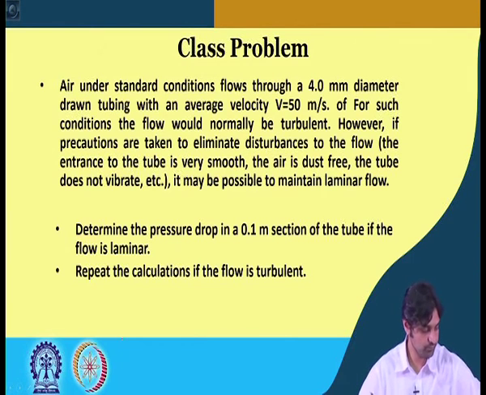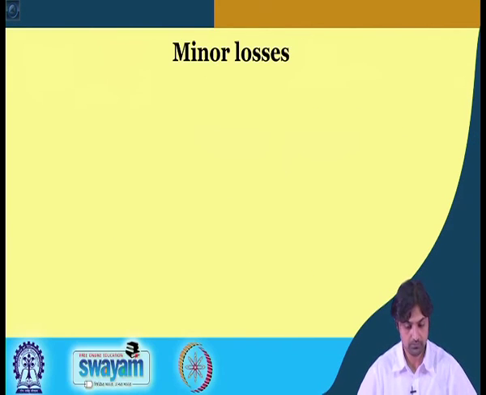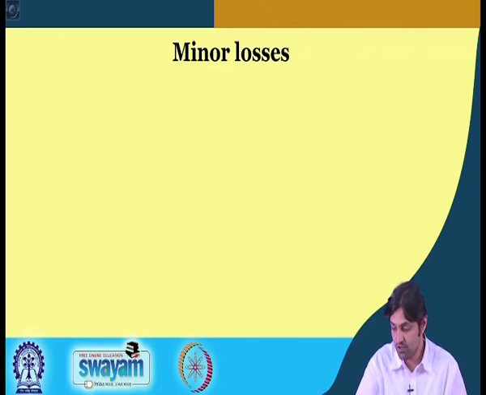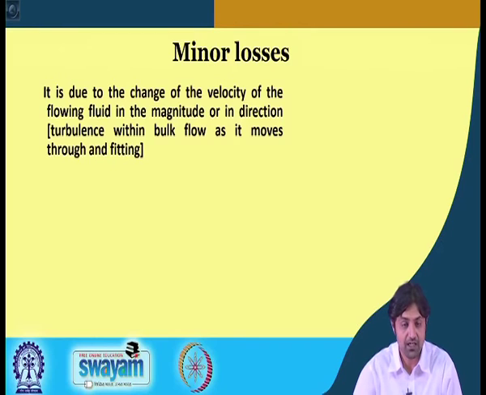So we talk about the minor losses now. We have talked much about the major losses, but now we must put our focus a little bit on the minor losses. Minor losses are due to the change of the velocity of the flowing fluid, either in magnitude or in direction.